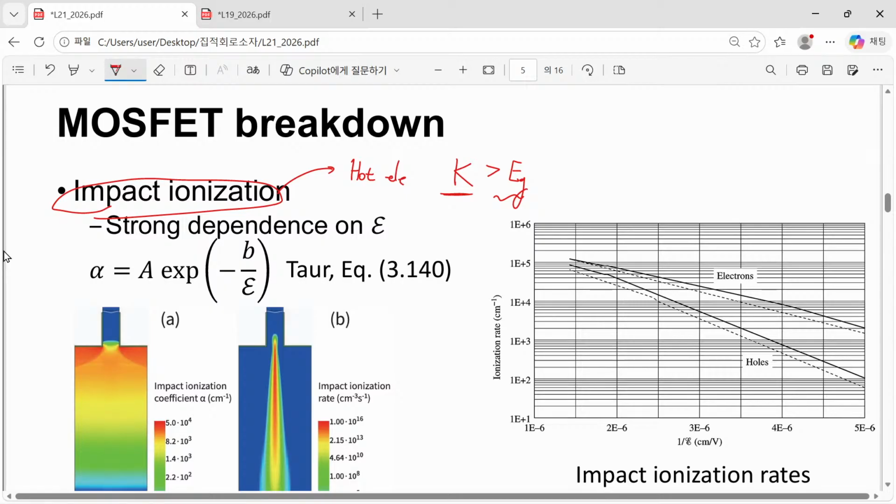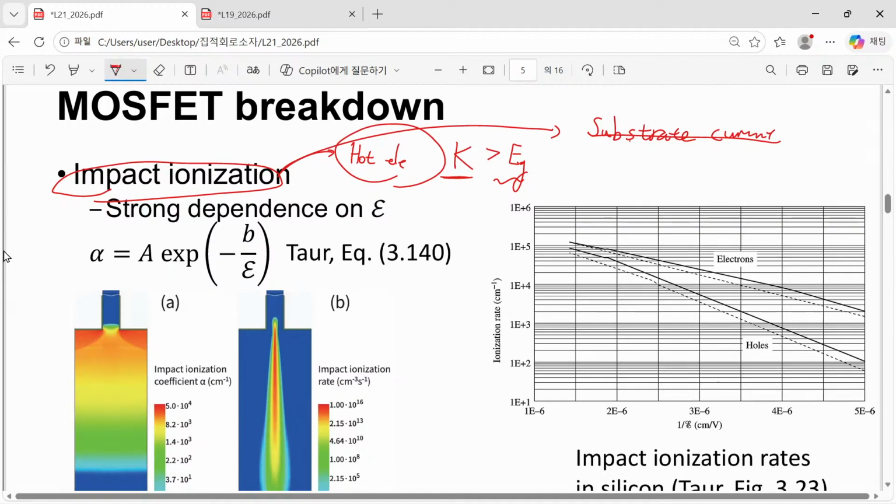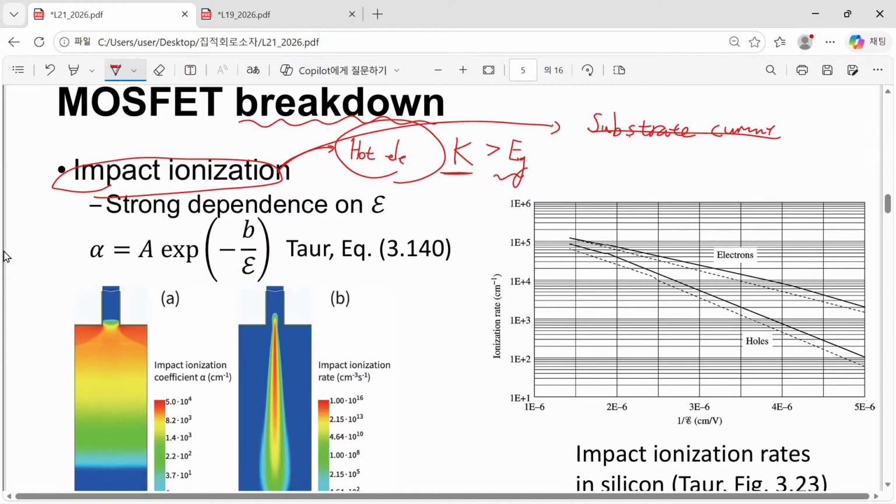That is a secondary electron hole pair. This impact ionization was initiated by this hot electron, and this was the main cause of high substrate current of our MOSFET. However, that was just a leakage current.